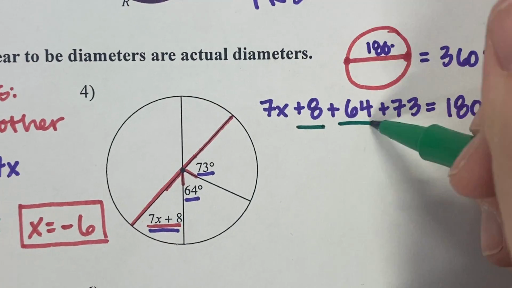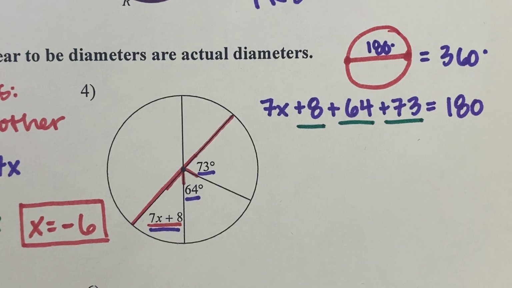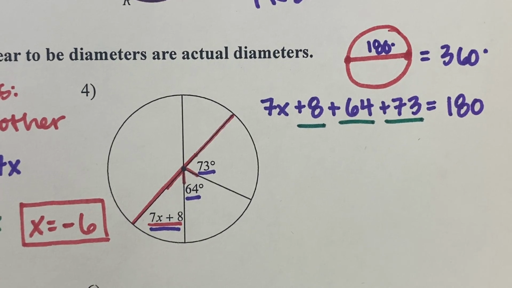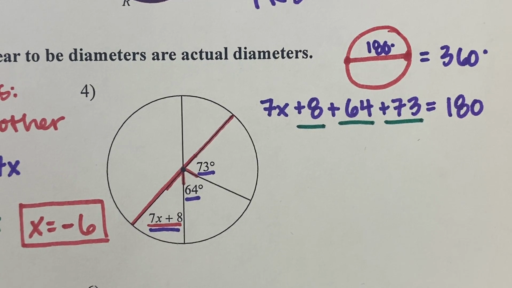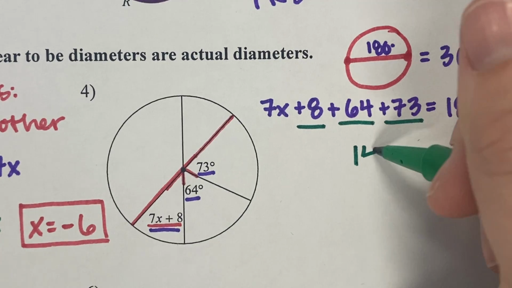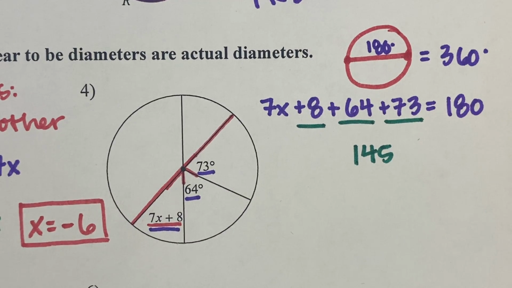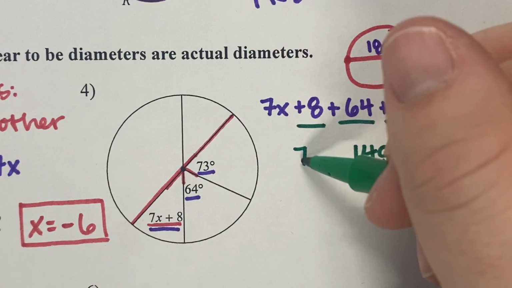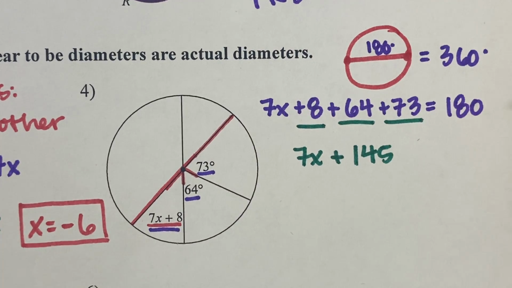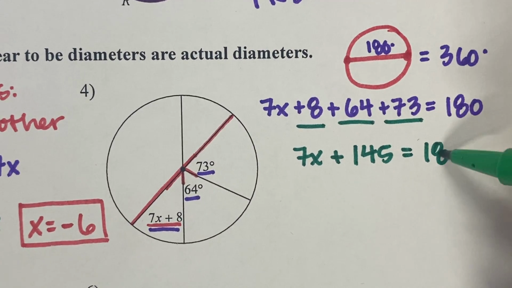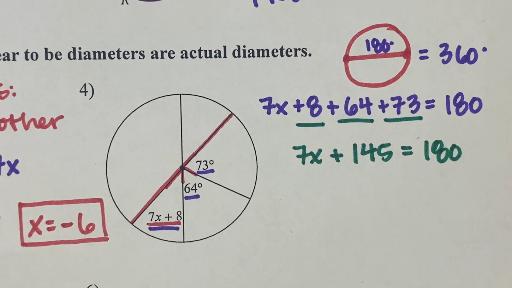Some constants, or just numbers. So I can take 8 plus 64 plus 73, and that's all going to turn into a positive 145. So now on this side I have 7x plus 145 equals 180.